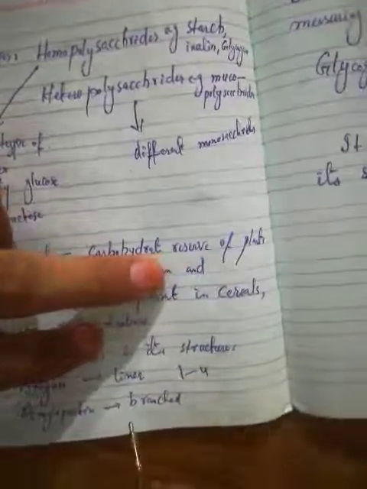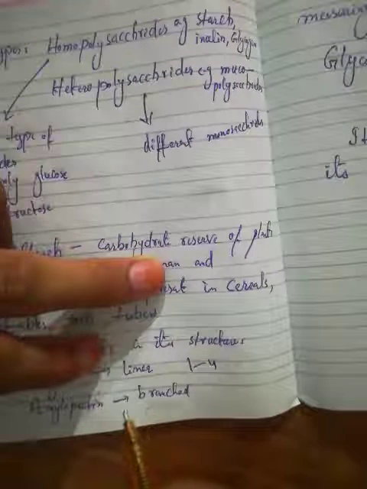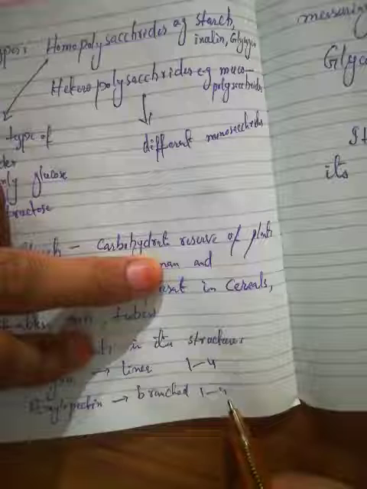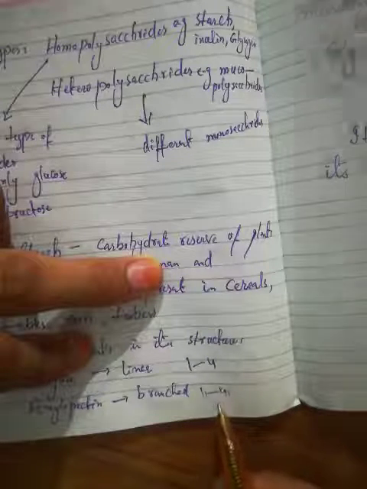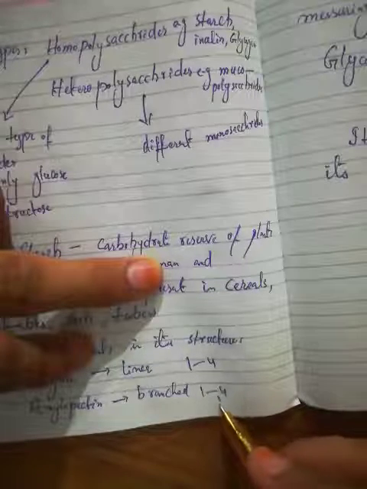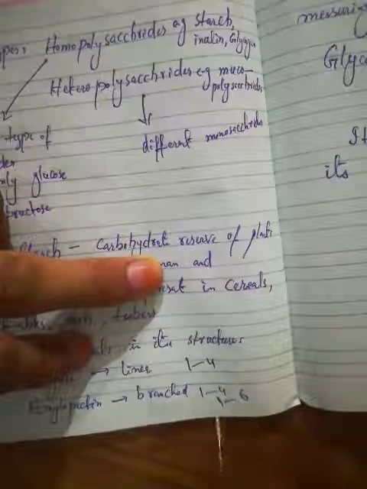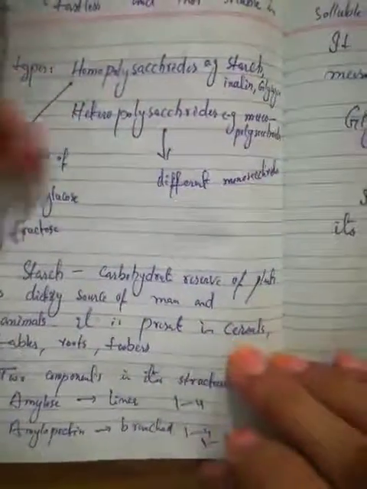But amylopectin is branched, which means there is also a linear structure which has 1,4-glycosidic bond, and at a branch there is 1,6-glycosidic bond also. Means at the point of branch, 1,6-glycosidic bond is present.